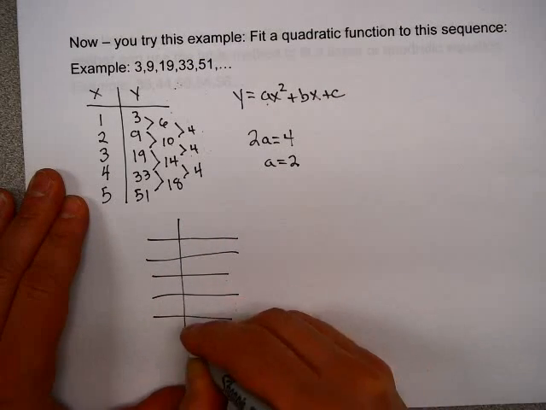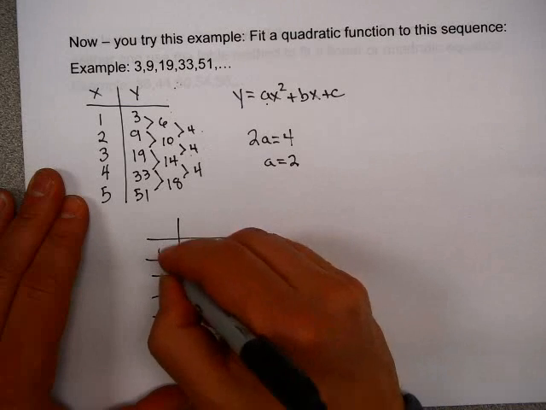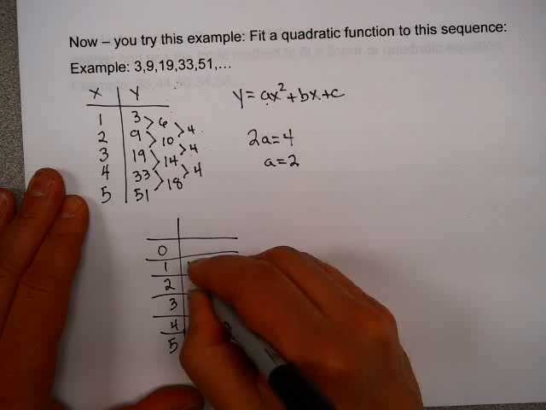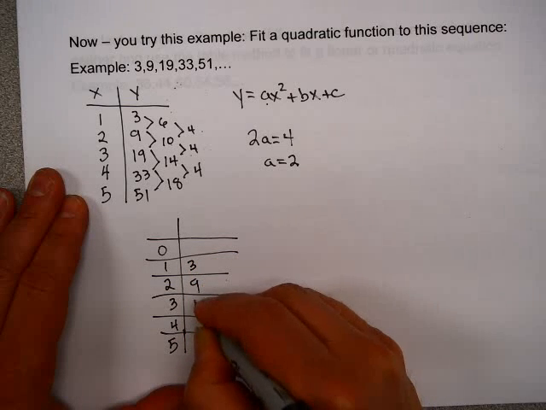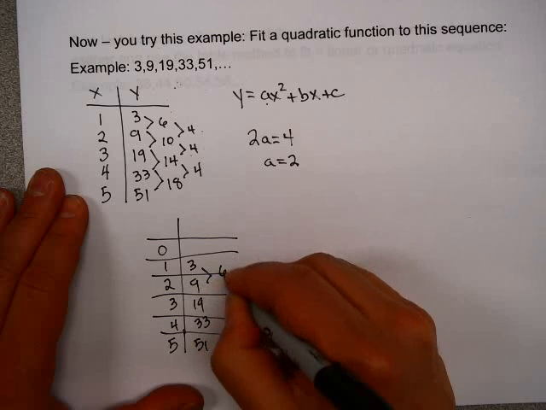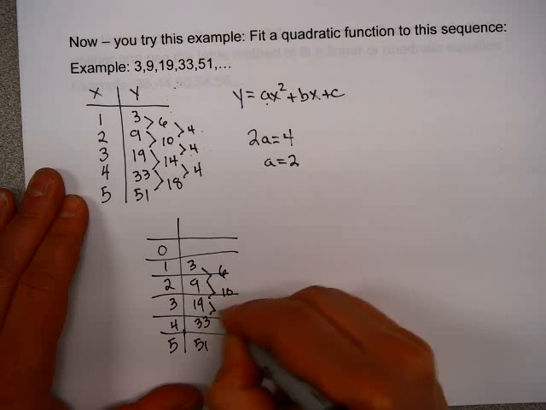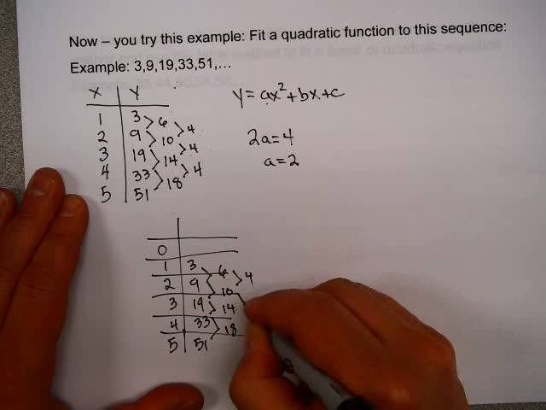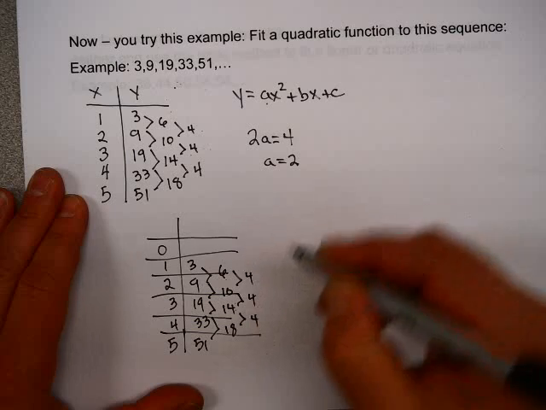To find the C, let's copy this table again. I'm going to do 0, 1, 2, 3, 4, 5, 3, 9, 19, 33, and 51. First difference, I'll just rewrite these values here. And second difference, 4, 4, 4.